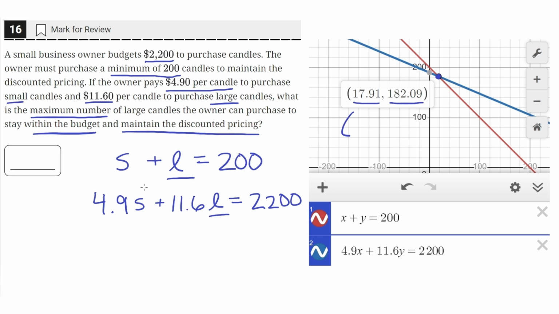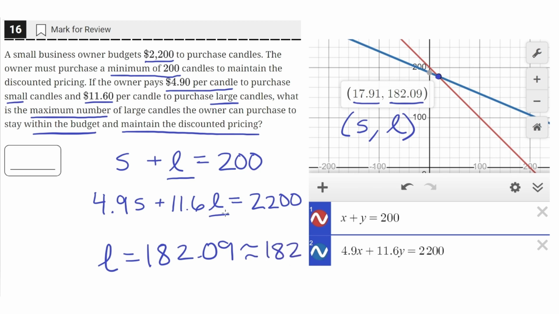But using our coordinates here, X is just small candles and Y is just large candles. So it's telling us that the maximum is 182.09 large candles. But we need the large candles to be a whole number, so we can just round this down. So this is roughly equal to 182 candles.